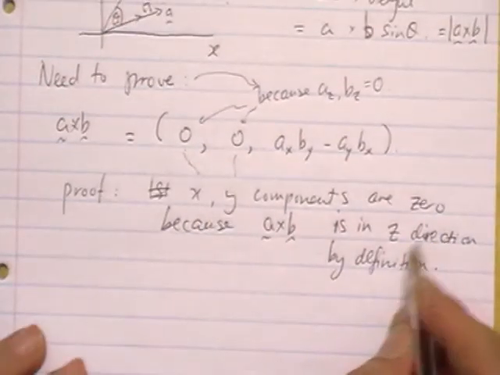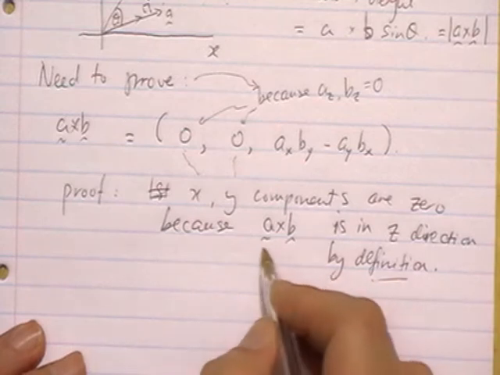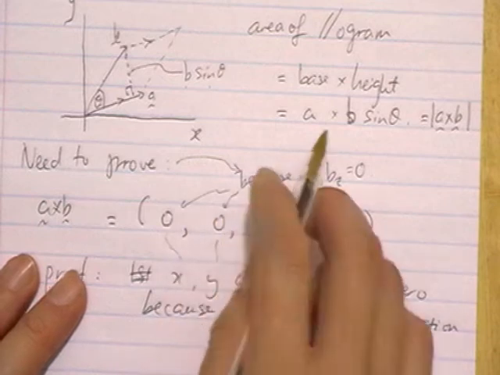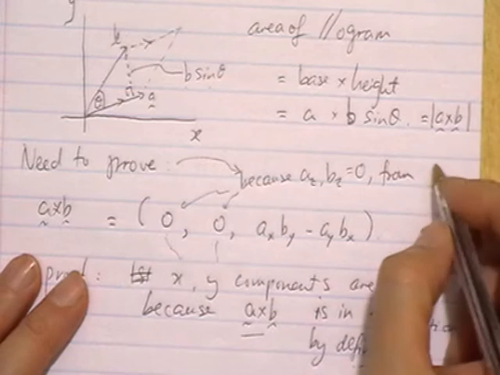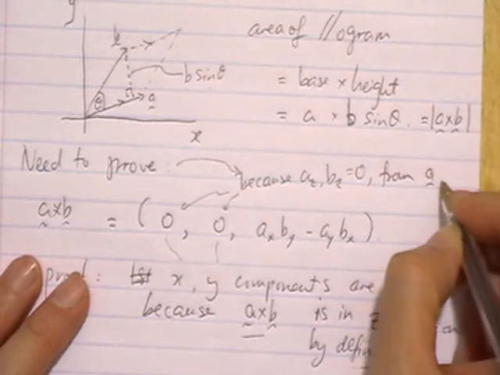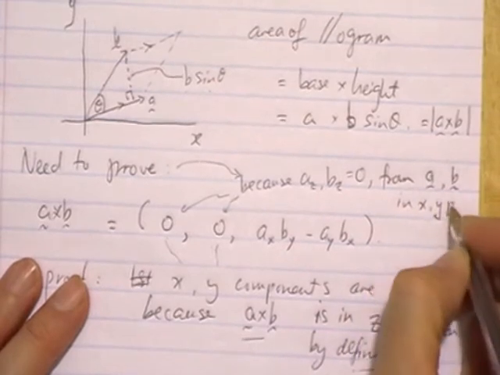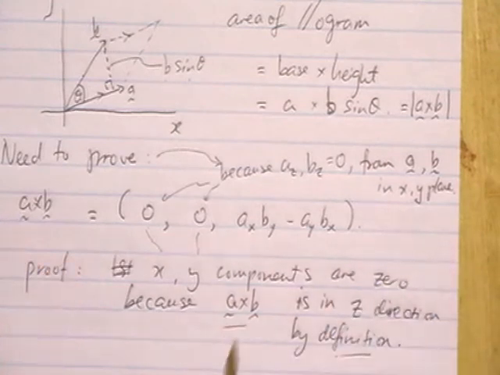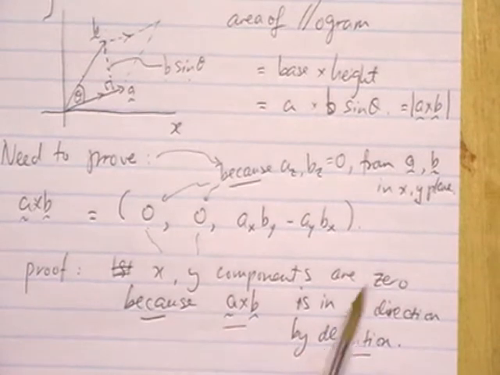So this proof is by using the definition of A cross B, whereas those two being 0 comes from the properties of A and B in the xy plane. Okay, so these are two different properties.